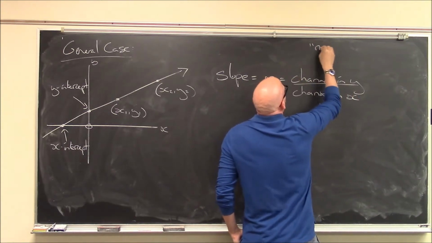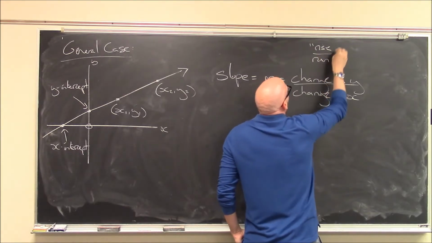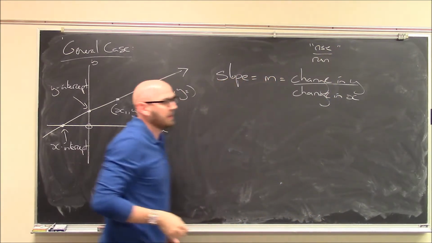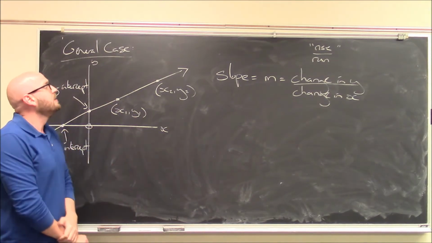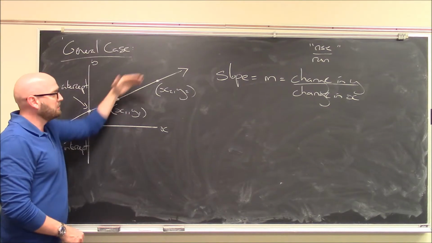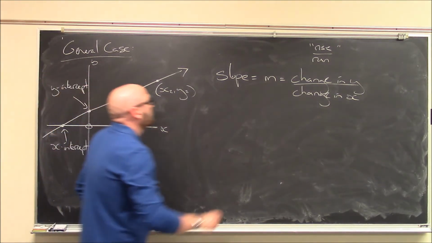I think I said this when we were talking about vertical lines, but you usually hear this called rise over run, right? It's the amount you rise. Sometimes you might have negative rise if you're sloping down, but it's the rise over the run, the amount you rise over the amount that you travel across. So it's change in y over change in x.